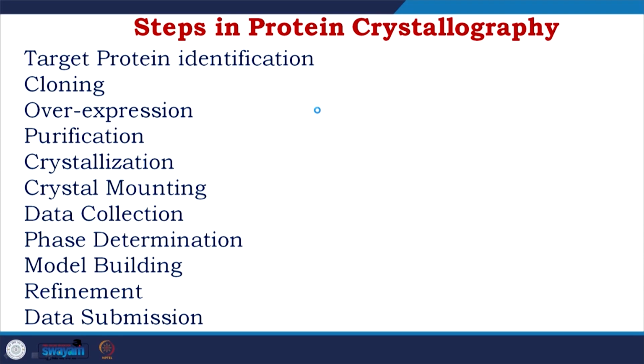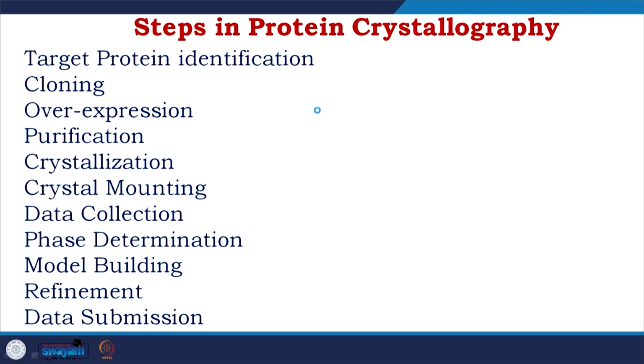Nowadays, you optimize the protein so that when you are doing the next step, cloning, you are going to get a better product. So, if there is some portion which is not very much connected to the function, but also not part of the integrated structure, we try to chop it off. There are many strategies which I am going to discuss next. Then come to cloning, then overexpression, then purification.